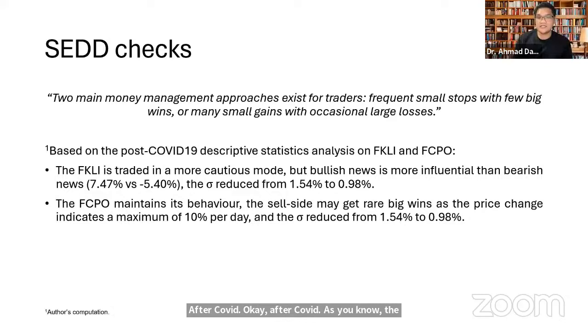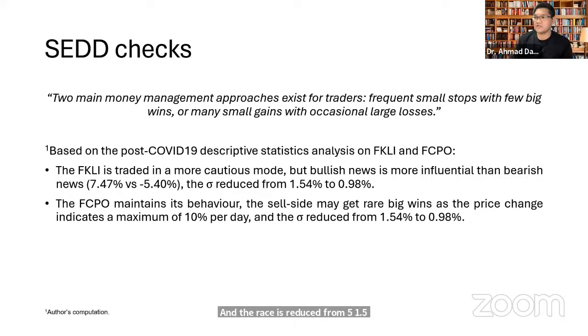Bullish news is more influential than bearish news, because the daily change can be up to 7%, compared to bearish news, where the market can go down at most 5%. And the risk is reduced from 1.5 to 0.98.